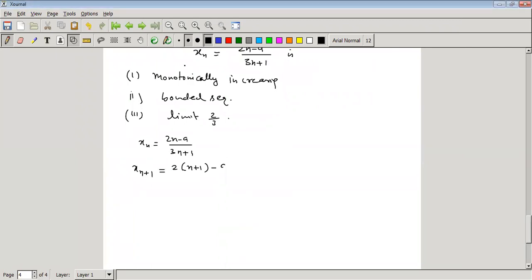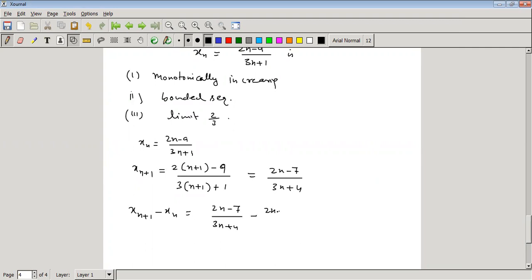So xn plus 1 is equal to 2 into n plus 1 minus 9 divided by 3 into n plus 1 plus 1. It is equal to 2n minus 7 divided by 3n plus 4. Now we have to find xn plus 1 minus xn. This is 2n minus 7 upon 3n plus 4 minus 2n minus 9 divided by 3n plus 1.